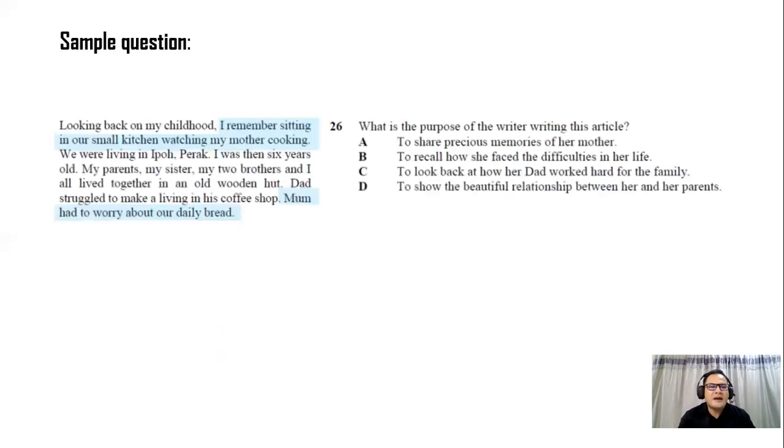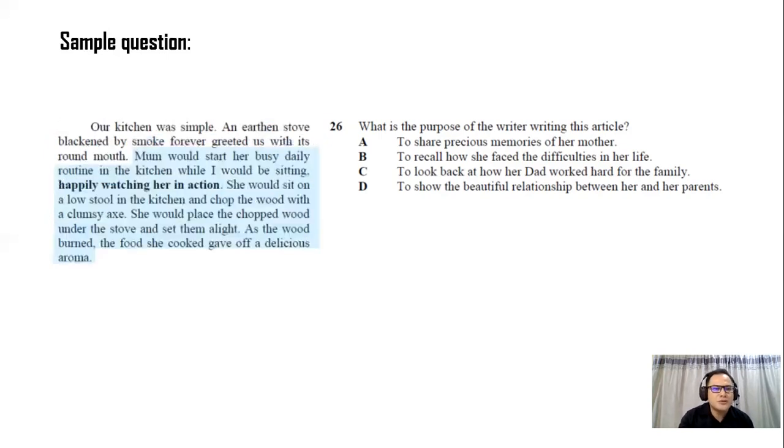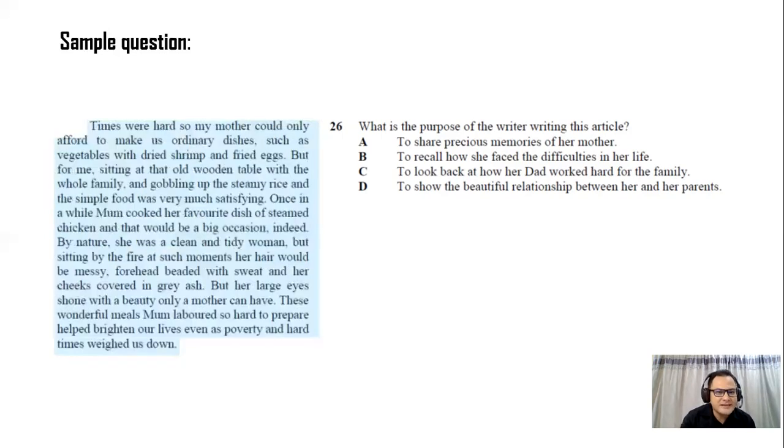If we look at paragraph 1, we can see a lot of emphasis is given on the writer's mom. Similarly in paragraph 2, also about her mom. Paragraph 3, about her mom.